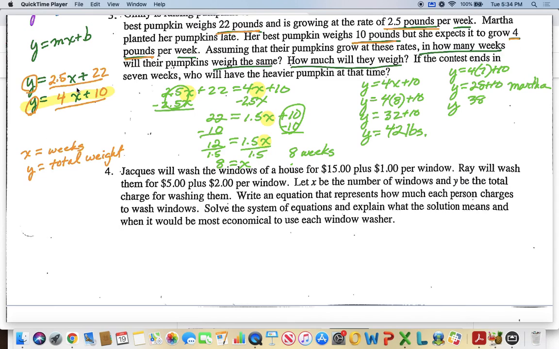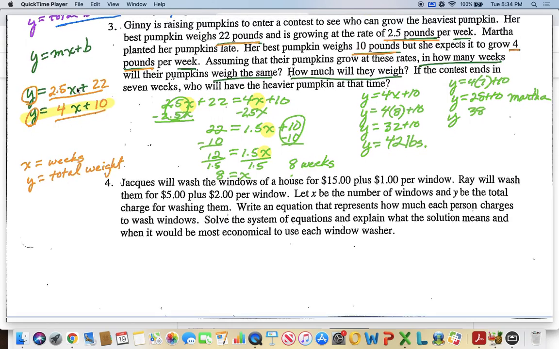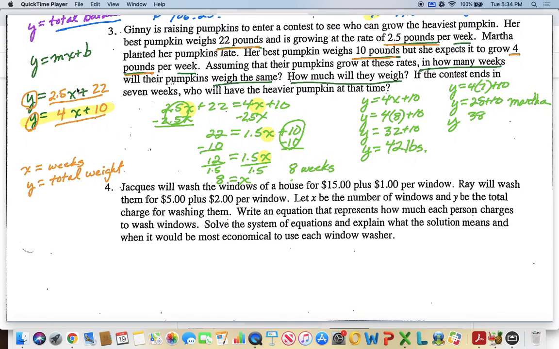And then if we take Ginny's equation, Ginny is 2.5 times x, which would be 7 weeks, if we're just looking at 7 weeks, plus 22. So 2.5 times 7, that's 2 times 7 is 14. And then half of 7 is 3.5.